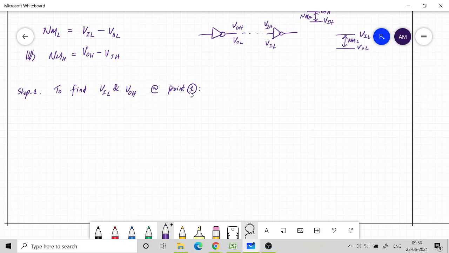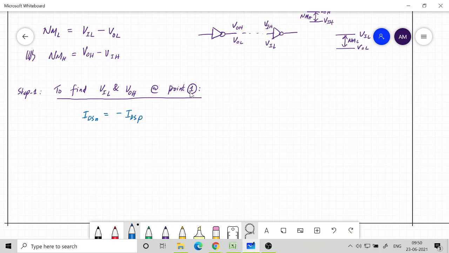What I do is equate the current, like before: IDSN is equal to minus IDSP.